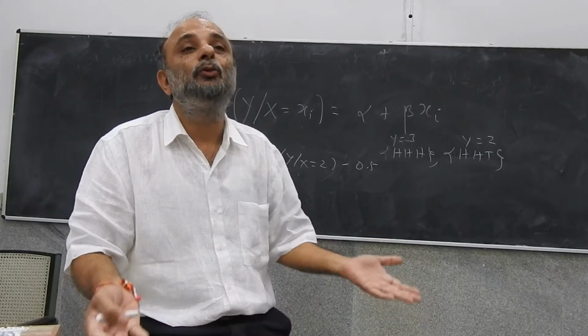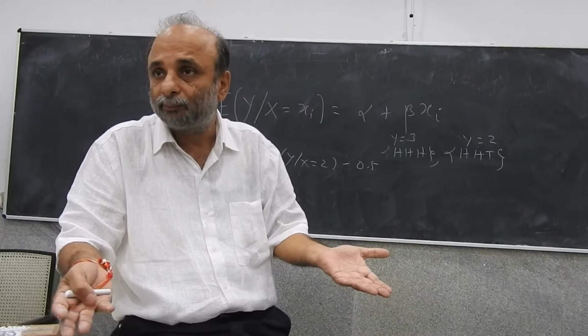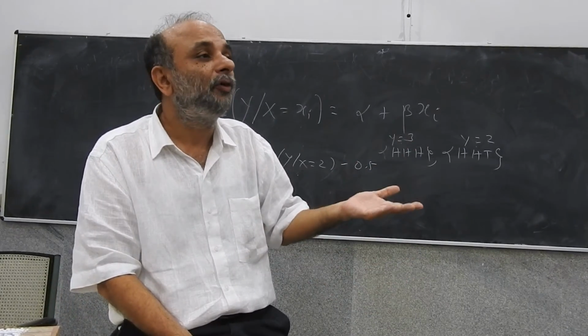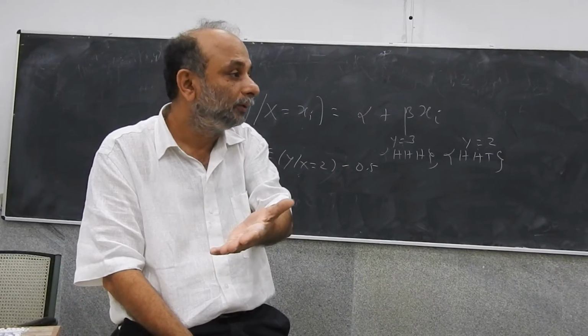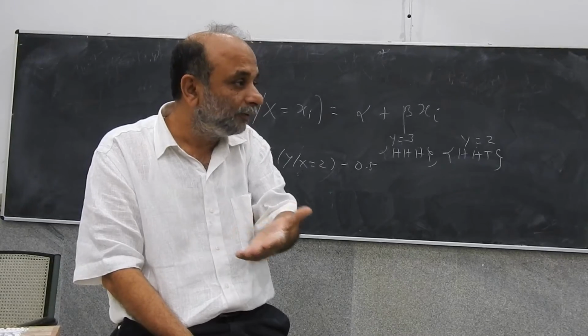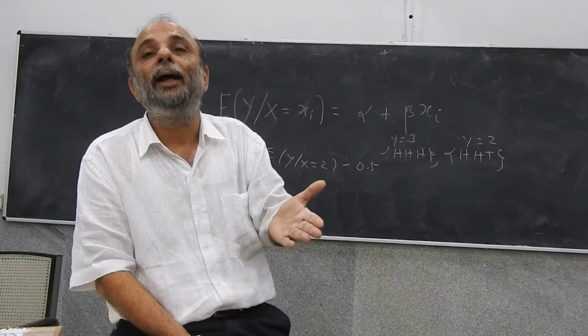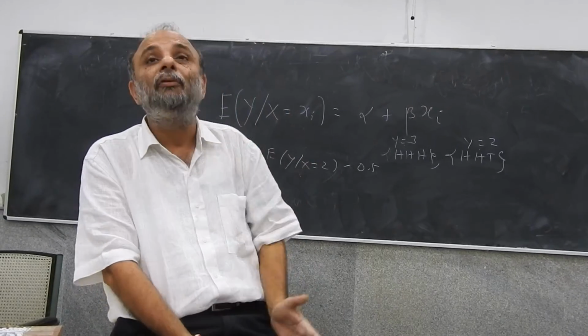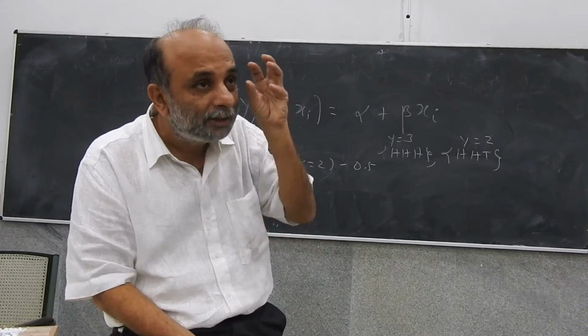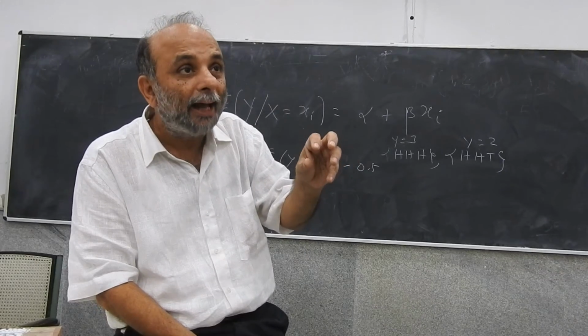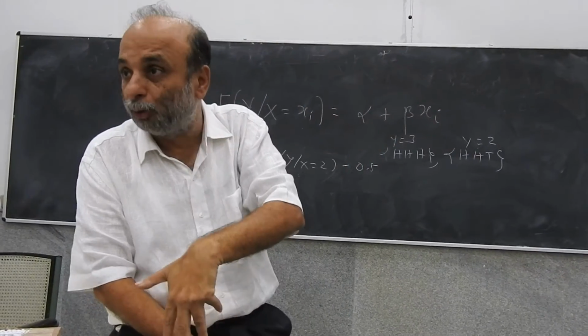So the idea is once you toss the 3 coins, you can't predict beforehand whether y will be 3 or 2. All that you know is y will be either 3 or 2. So all that you can know is the conditional mean of y given x equal to 2 is 2.5, but the actual value of y can be either 3 or 2.